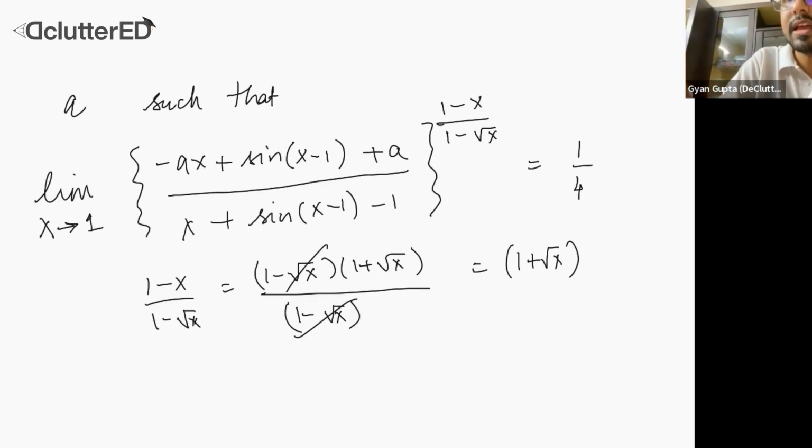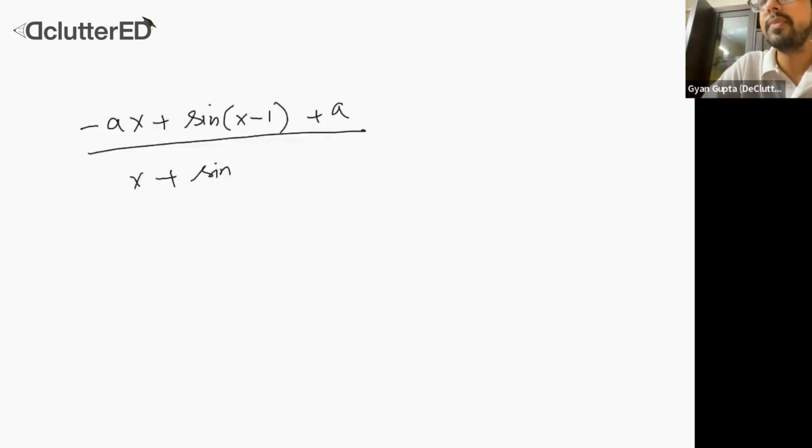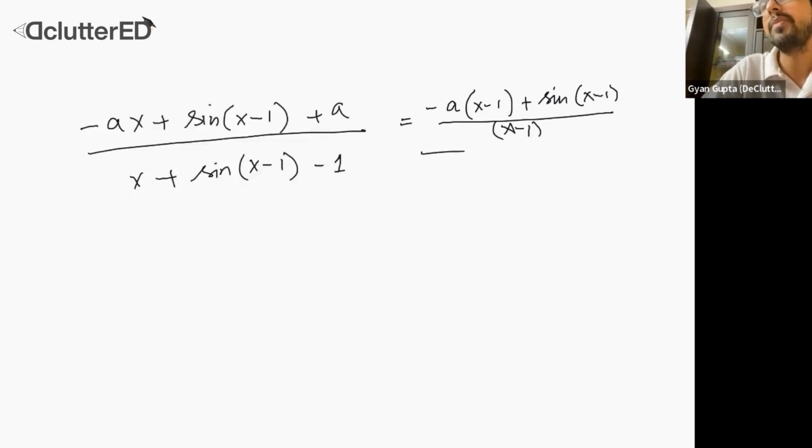What is inside the bracket is [-ax + sin(x-1) + a] by [x + sin(x-1) - 1]. What if I divide both the numerator and denominator by x - 1? I can write this as [-a(x-1) + sin(x-1)] divided by (x-1), over [(x-1) + sin(x-1)] divided by (x-1).